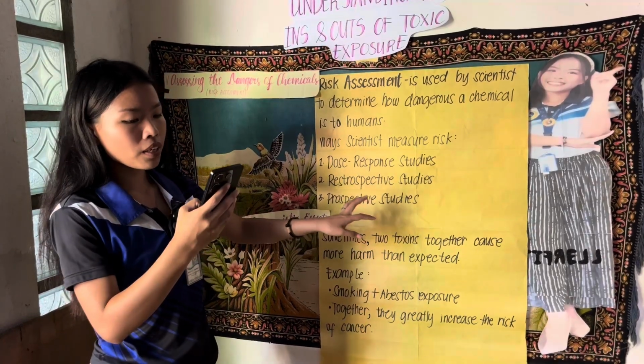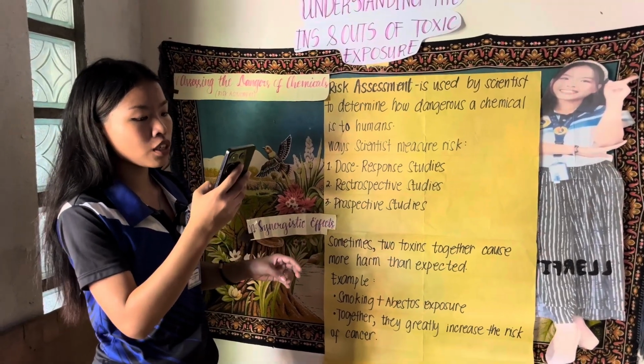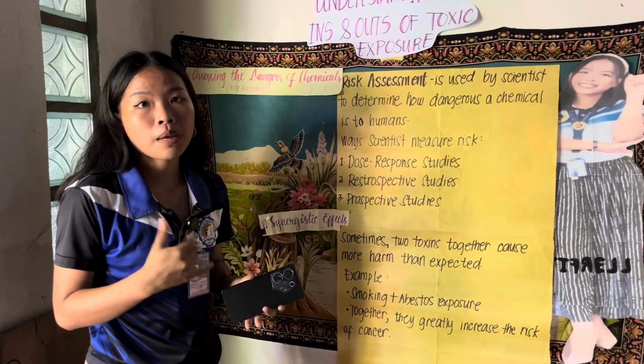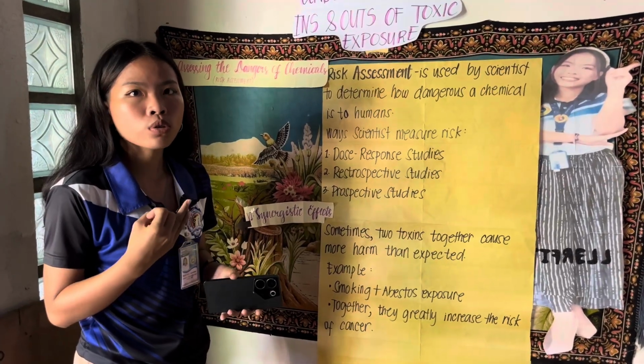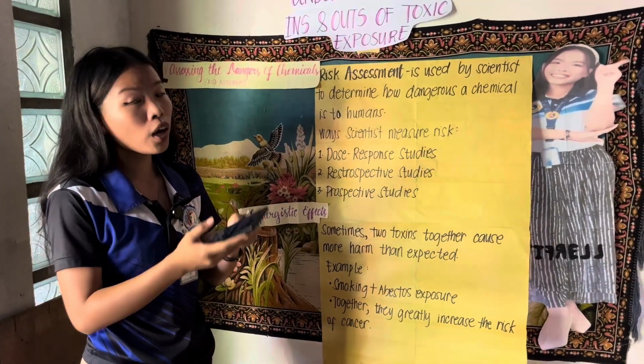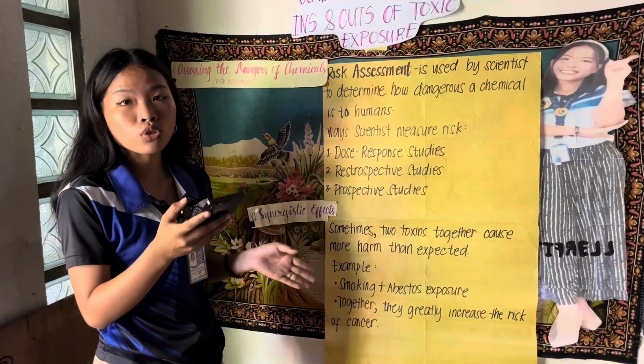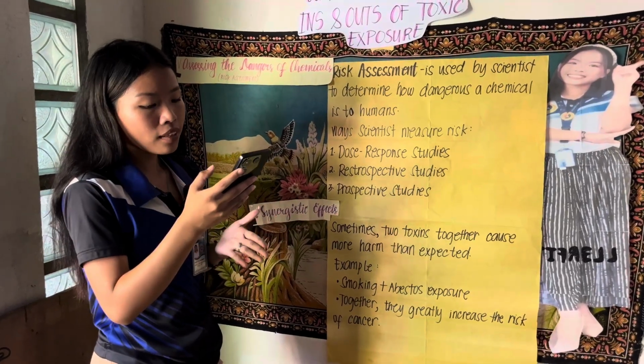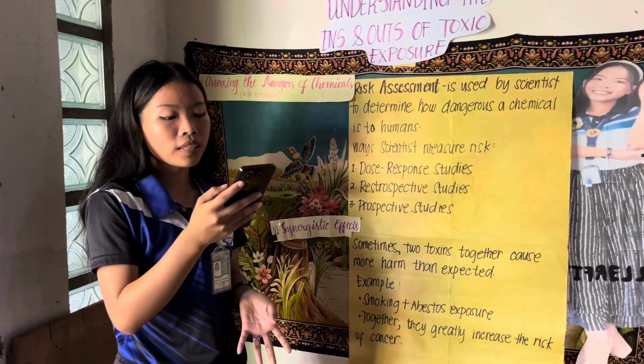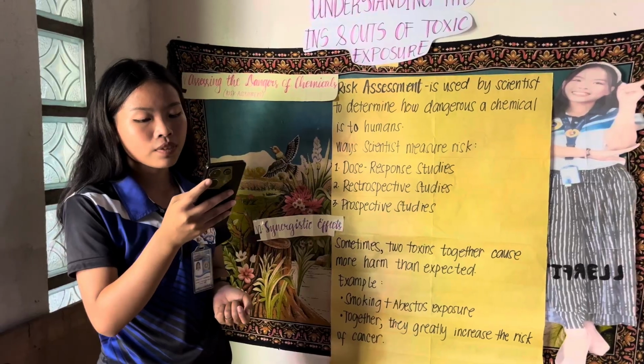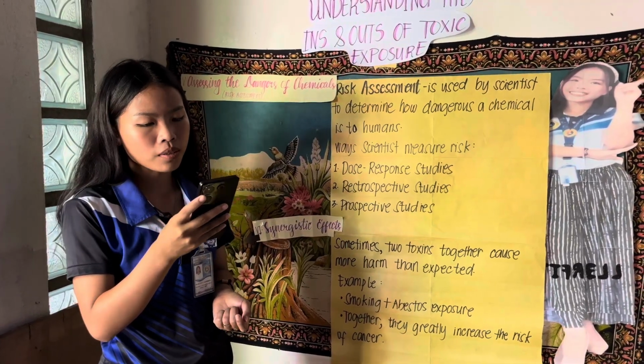So when you say risk assessment, it is a scientific process used to determine how dangerous a chemical is, who is at most risk, and how to reduce or prevent them. So scientists use risk assessment to protect public health and create safety rules and regulations.